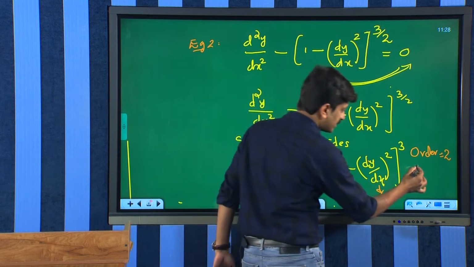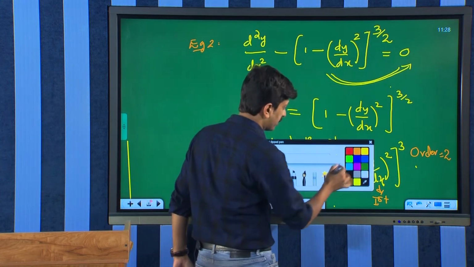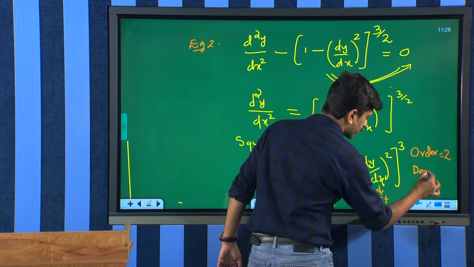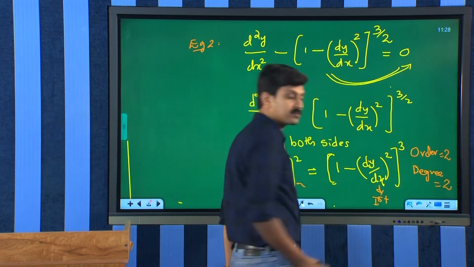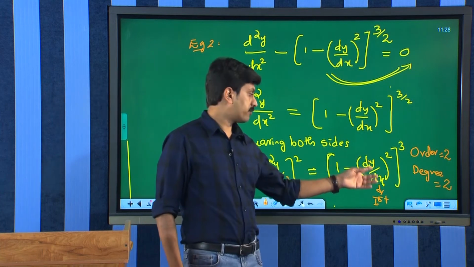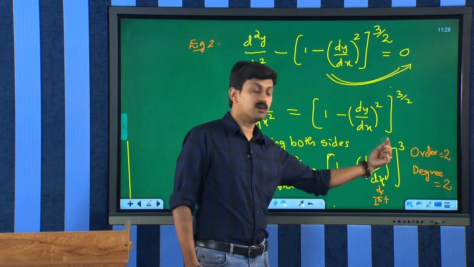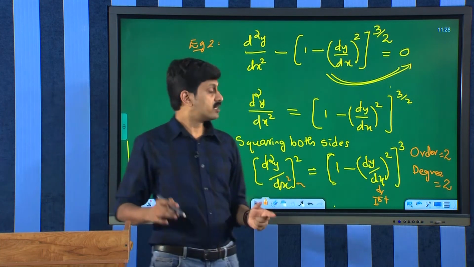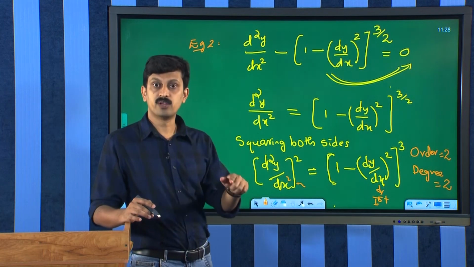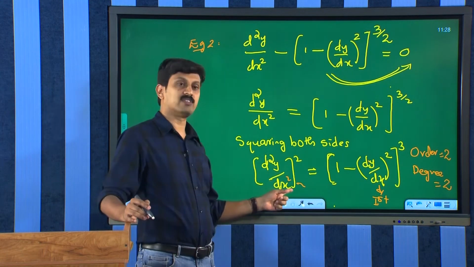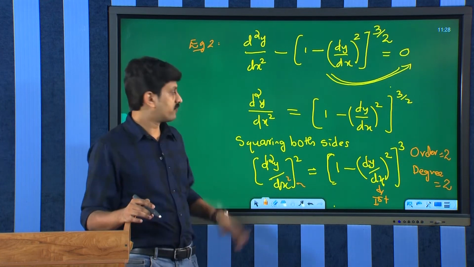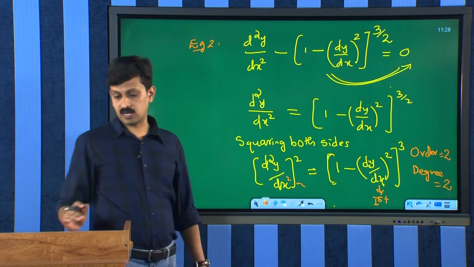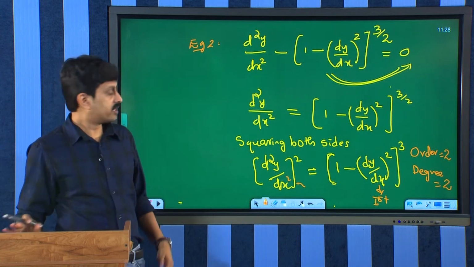Therefore, degree is equal to 2. So, dy by dx may have the maximum power 6, even though the degree is equal to 2, because the highest power of the highest order derivative is equal to 2. Okay, fine. This is about the order and degree of a differential equation.